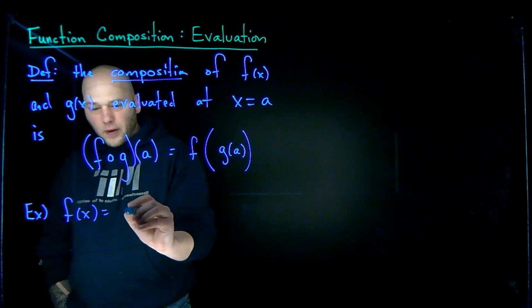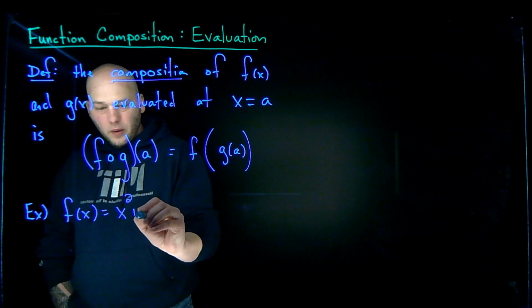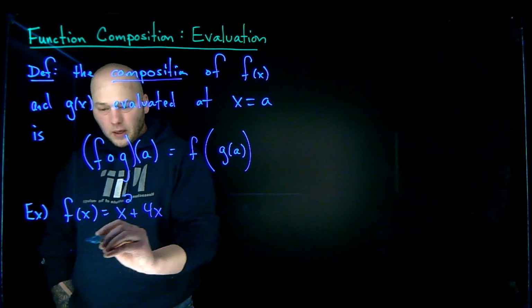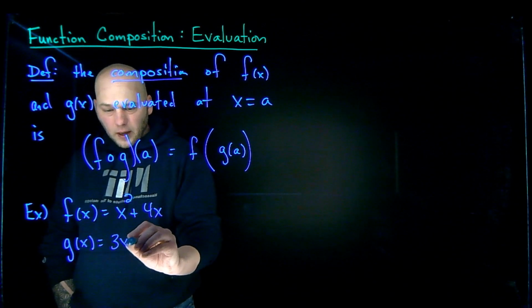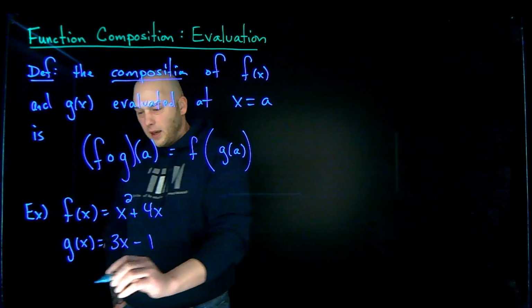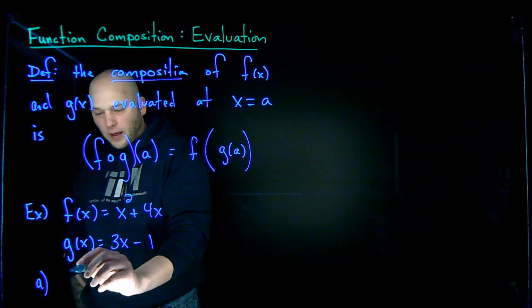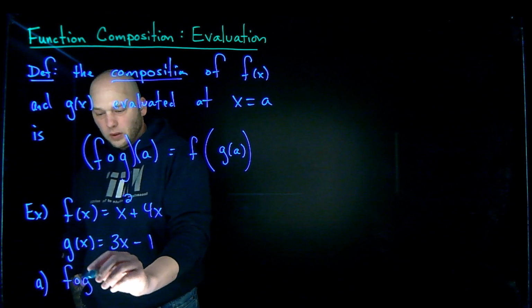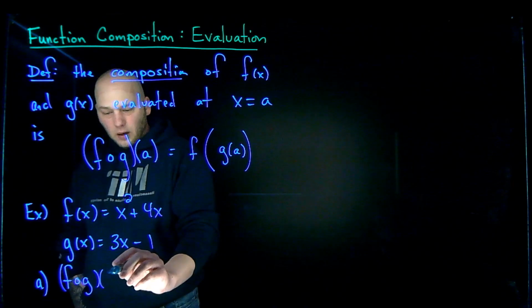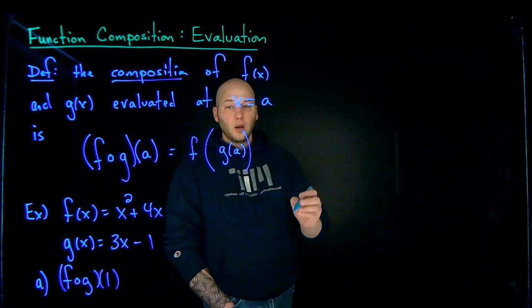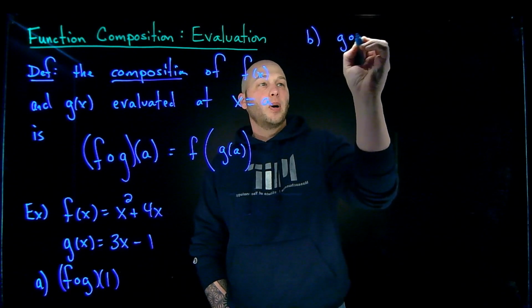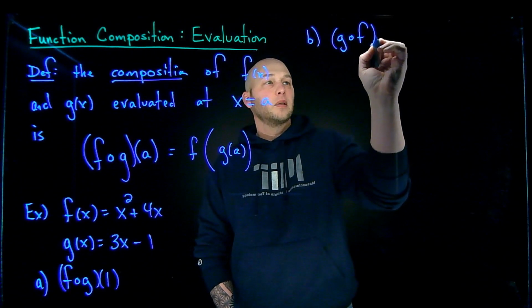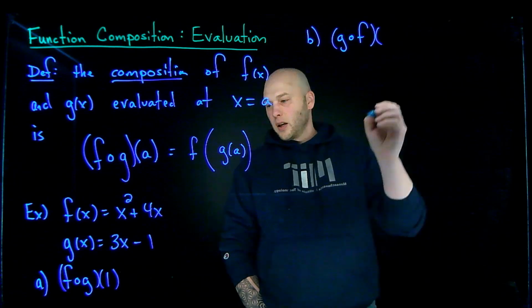Let's say f of x is x squared plus 4x, and g of x is given by 3x minus 1. And let's say part A, I want to evaluate f composed with g of 1. Part B, let's do g composed with f of, let's say, negative 1.